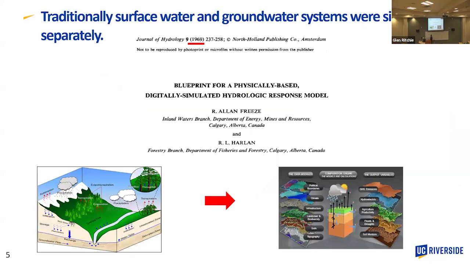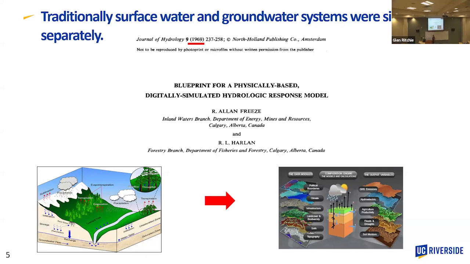As hydrologists, we traditionally treated our surface water and groundwater systems separately. Even my title at UCR is groundwater hydrologist, while actually I'm looking at the interface between surface water and groundwater connections. We knew about this connectivity even in 1969, when Freeze and Harlan published their seminal paper, a blueprint for a physically based, digitally simulated hydrologic model.